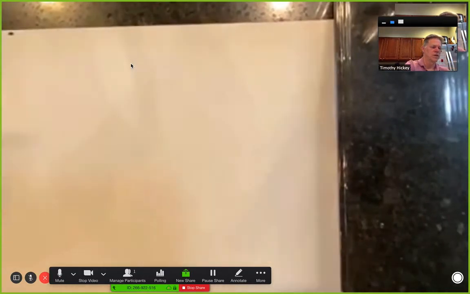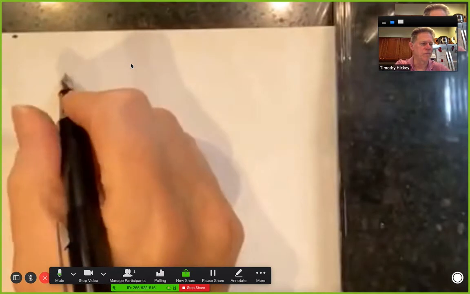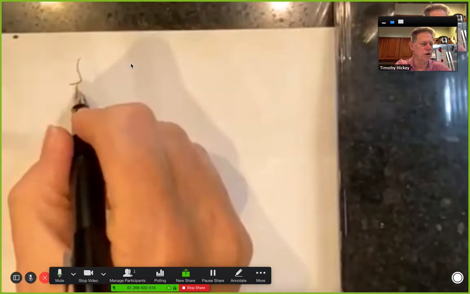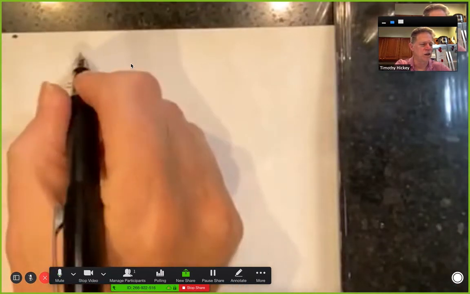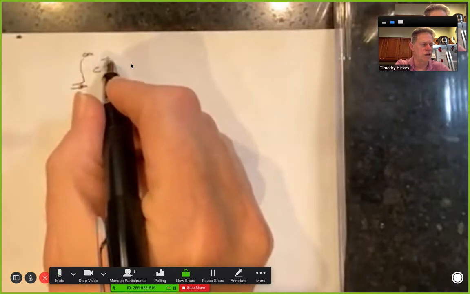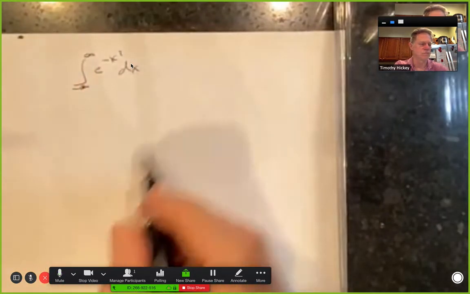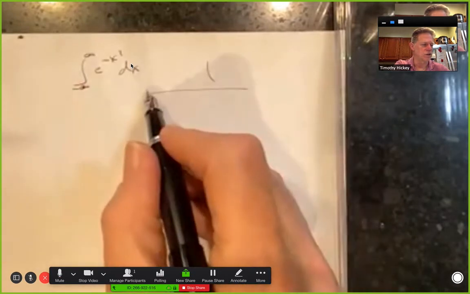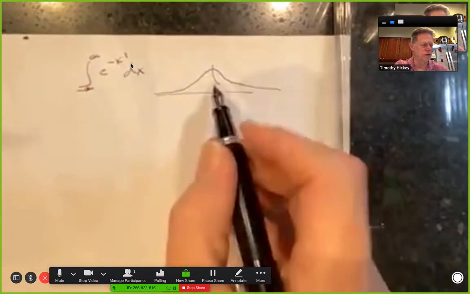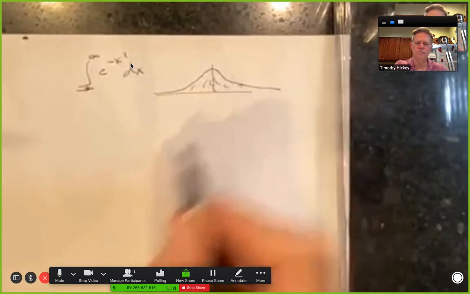Great. So I might be trying to show how to calculate the area underneath the Gaussian function. Right, so this is this bell curve, and we want to find the area underneath.